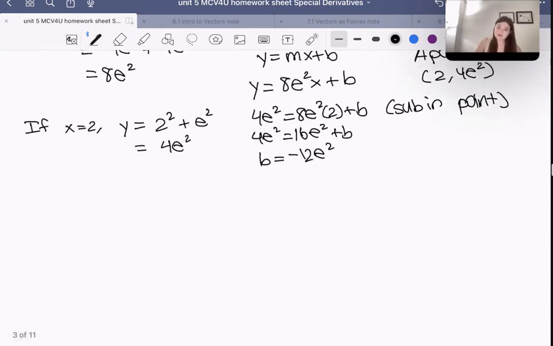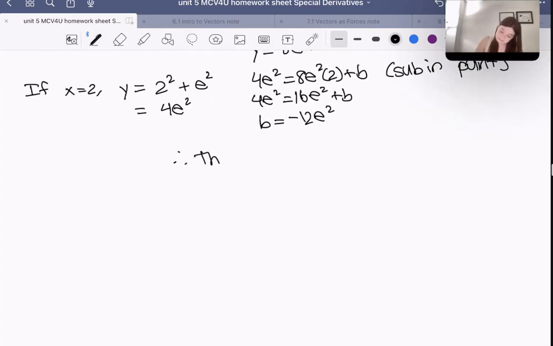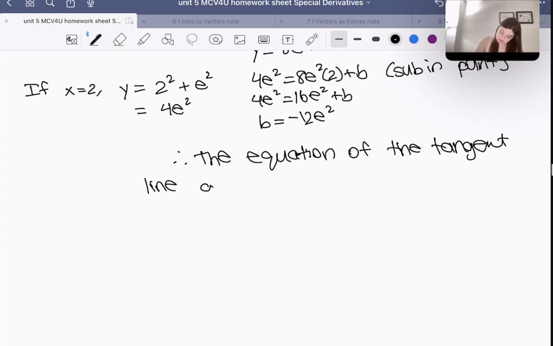Therefore the equation of the tangent line at x equals 2 is y equals 8e squared x minus 12e squared, right?